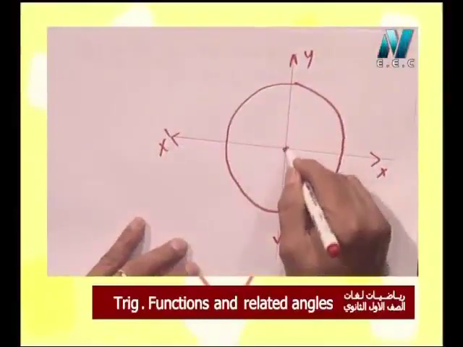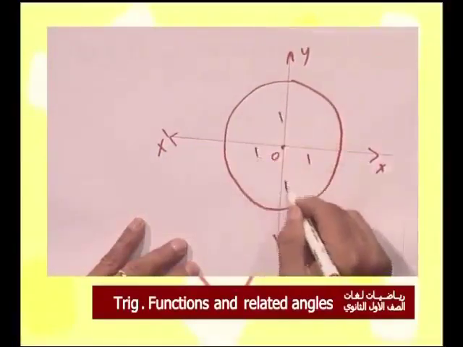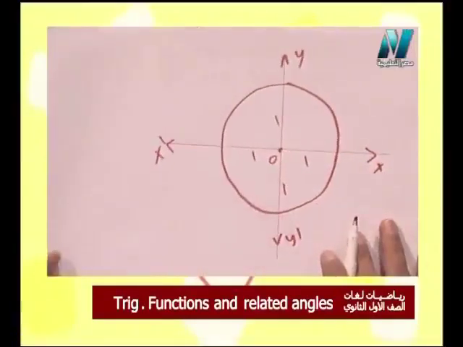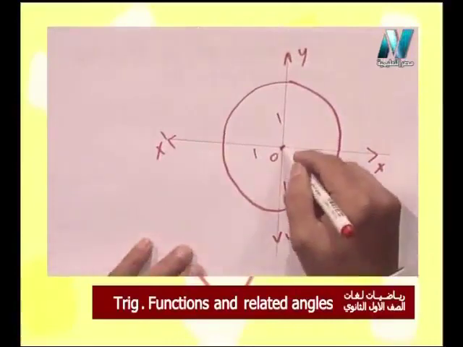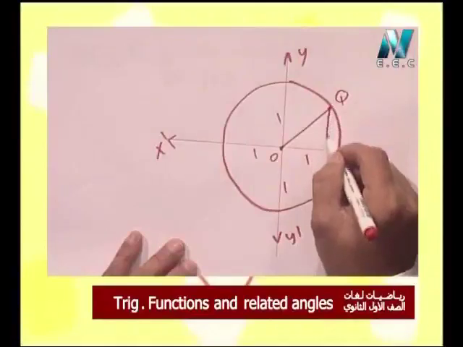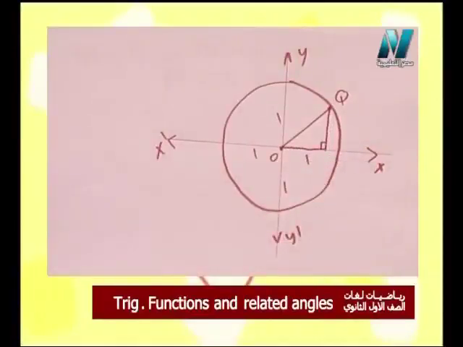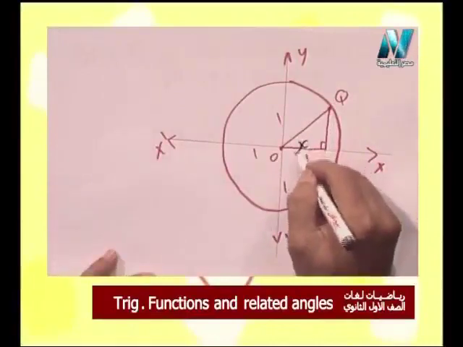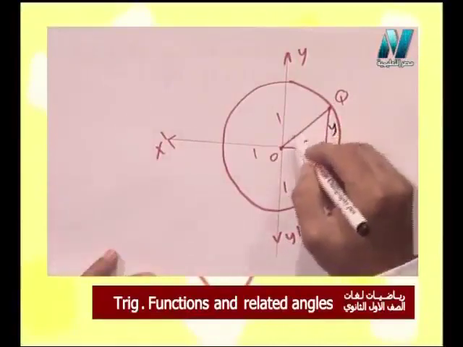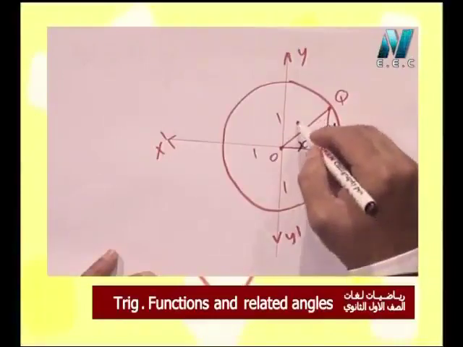This point is the origin, and the radius here equals 1. We have a point here as Q, and we drop a perpendicular from it. So we have here x, y, and the radius, which is the hypotenuse of the right-angled triangle, equal to 1 unit.